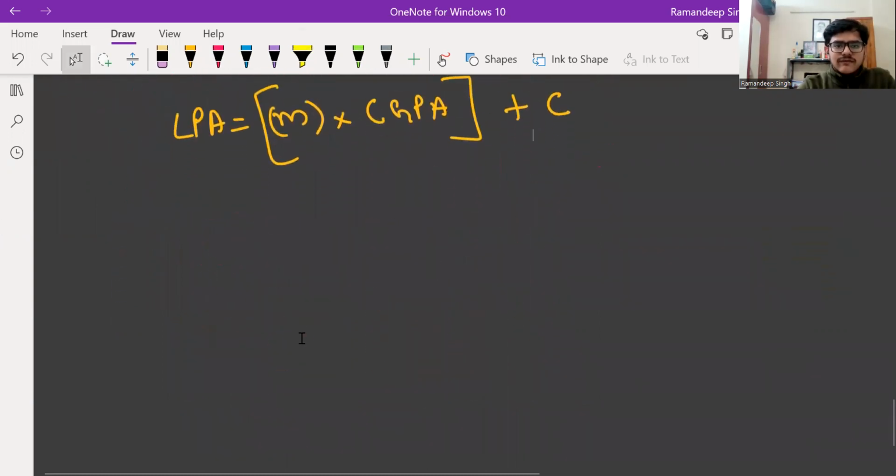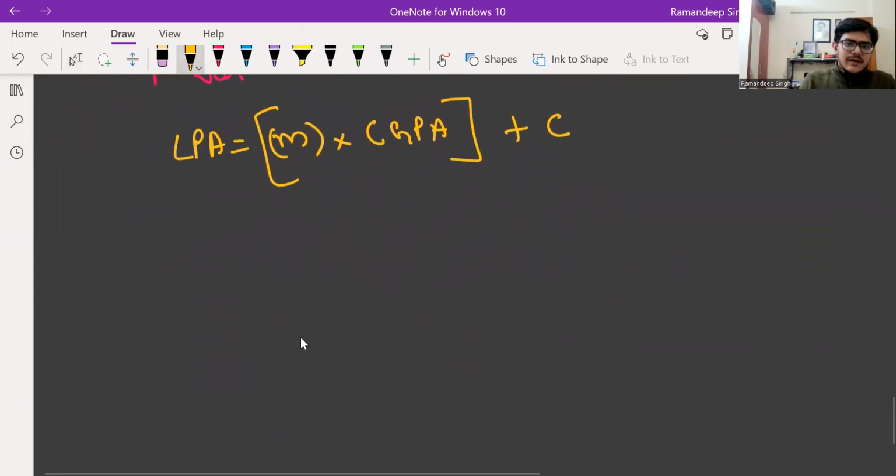So we will now discuss what is this m and what is this c. I can define m as a factor that when multiplied by CGPA gives the result of lakhs per annum.